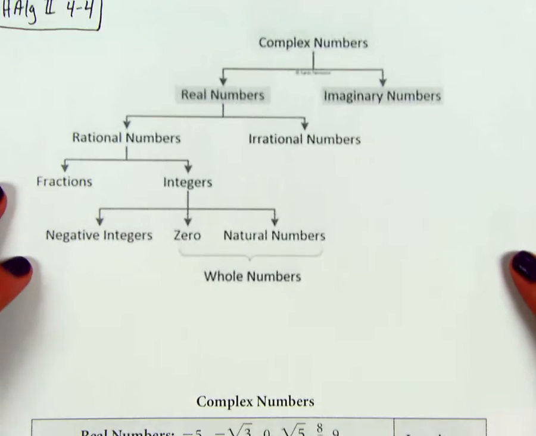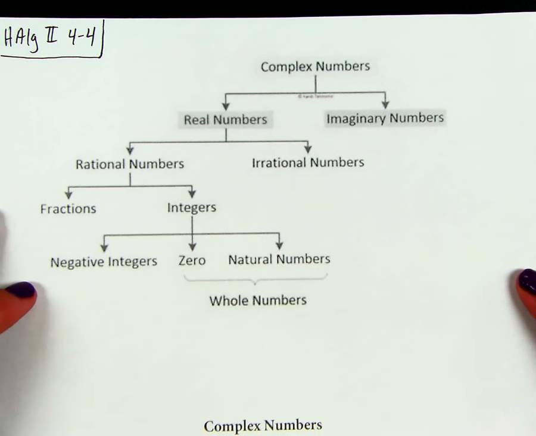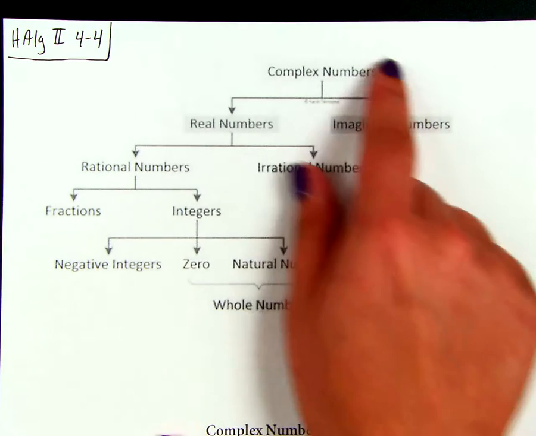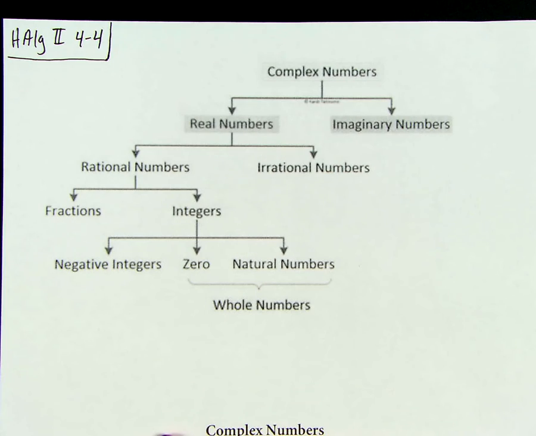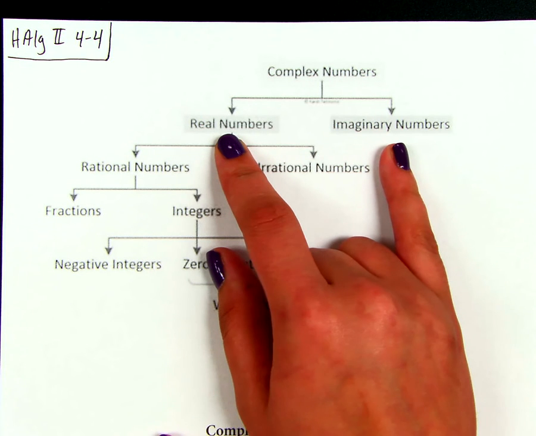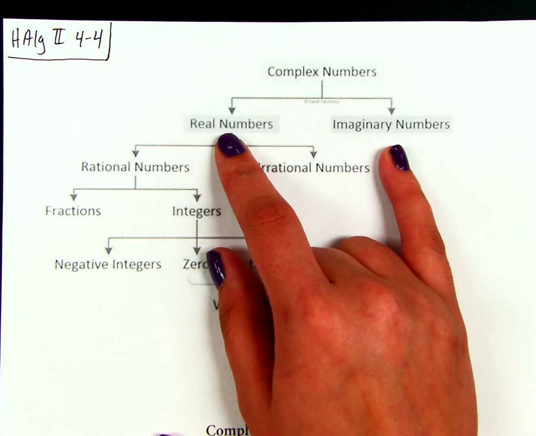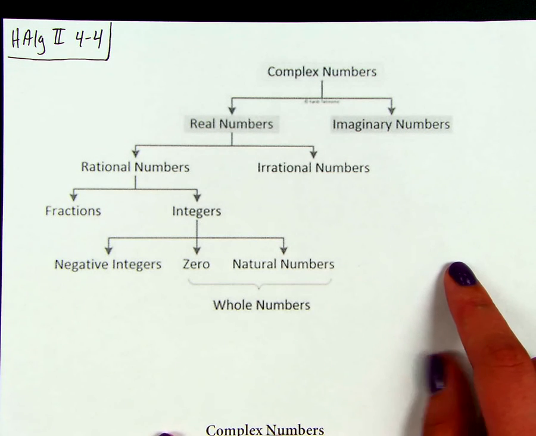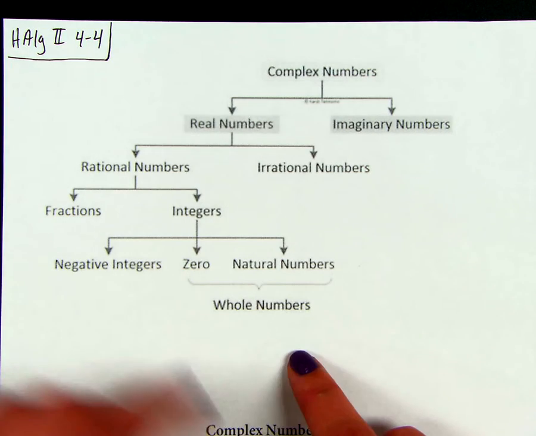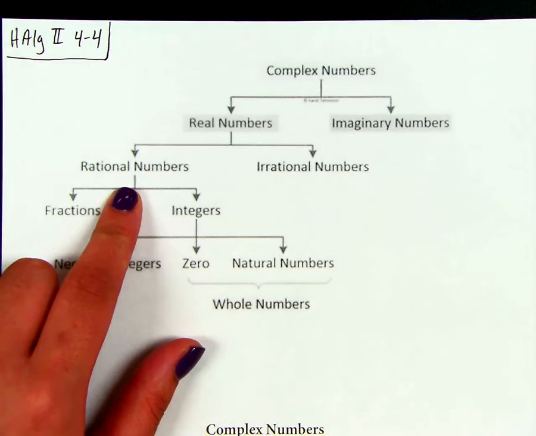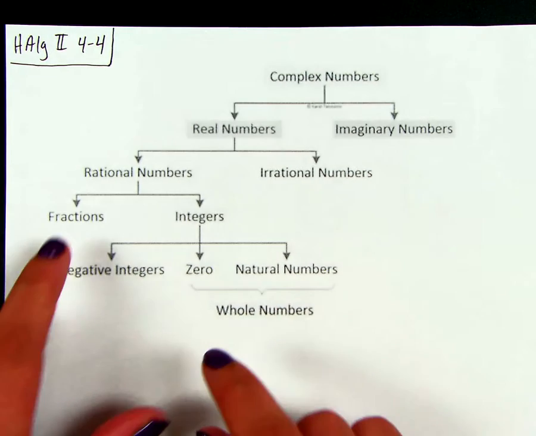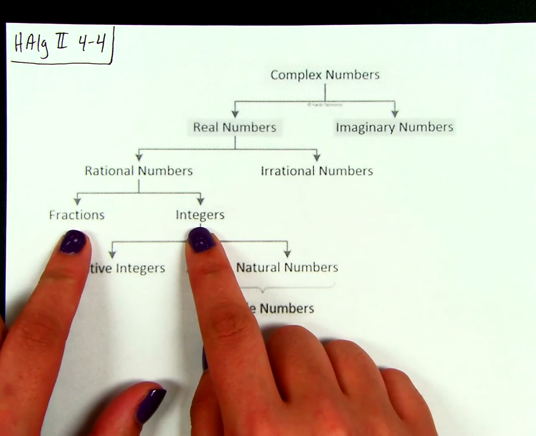Here's another representation if this is a little bit easier for you to understand. Again, our big set of numbers is our complex ones. Underneath it we have the real numbers and imaginary numbers. Imaginary numbers doesn't have anything else. Real numbers are made up of rational and irrational. Our rational numbers are made up of our fractions and integers.